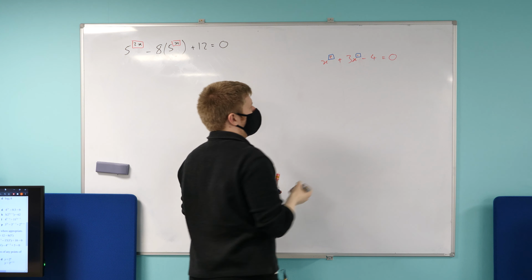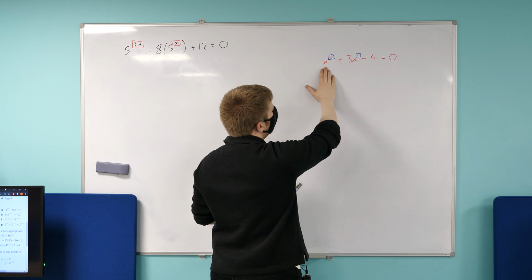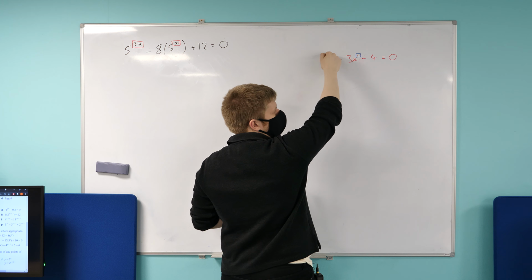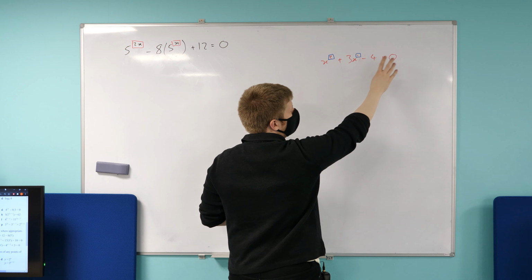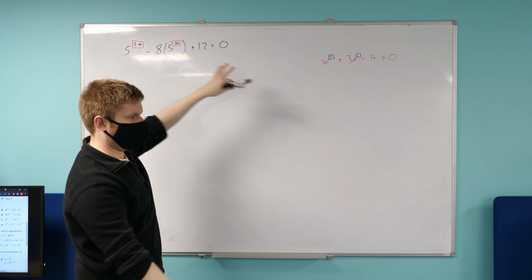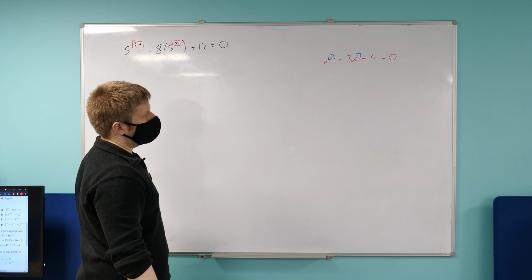So the idea of a quadratic is that it's set up like this: you've got some term with a power in, another term with a power in, where the power of the first term is double the power of the second term, and just some constant, equals 0. That's what we've got going on here, isn't it? Because look, that power is double that power.